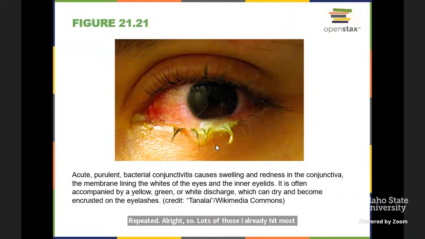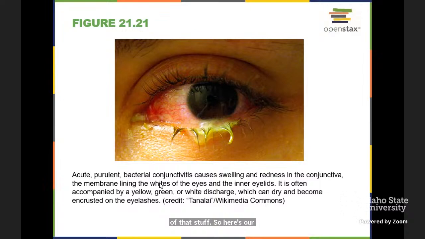So here's our conjunctivitis, bacterial conjunctivitis, because you also could have viral conjunctivitis, all right? And the manifestations are definitely different. So with bacterial conjunctivitis, it's purulent. This pus, there are bacterial cells, dead neutrophils. There's a lot of stuff within there.